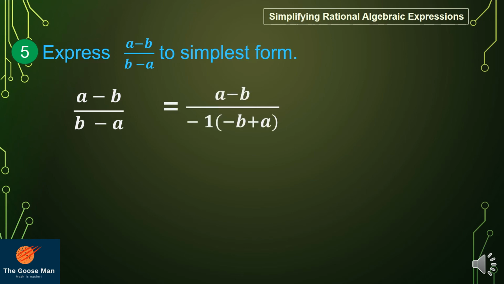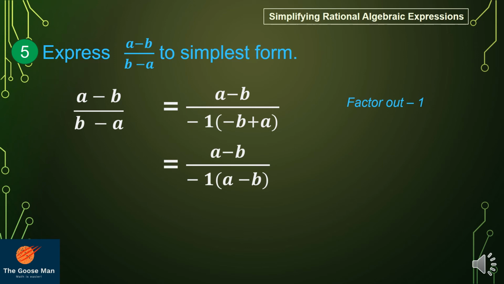Again, we have a minus b all over b minus a. So what I will do is factor out negative 1 from the denominator, put it outside, then get the opposite of positive b as well as negative a. So that is why we have negative b plus a. So we have a minus b all over negative 1 times negative b plus a.